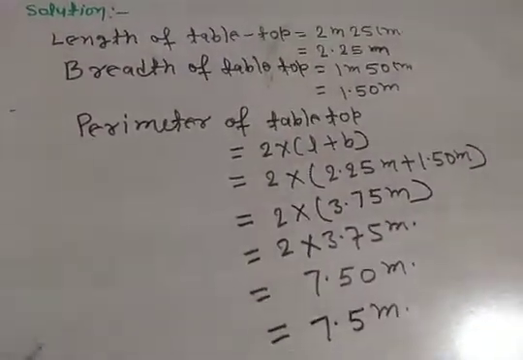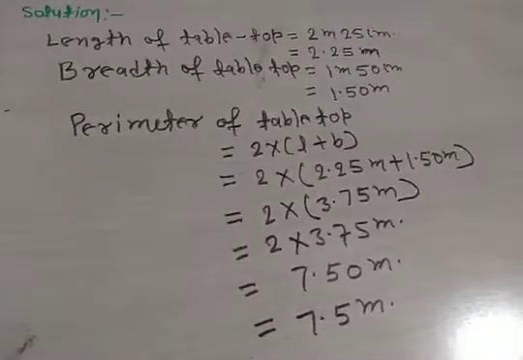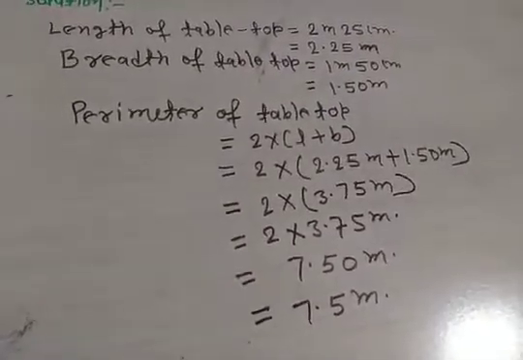In this way we find the perimeter of the tabletop is equal to 7.5 meters.